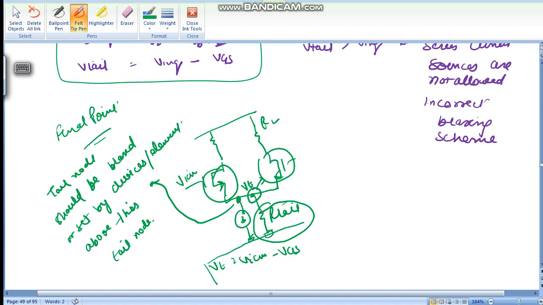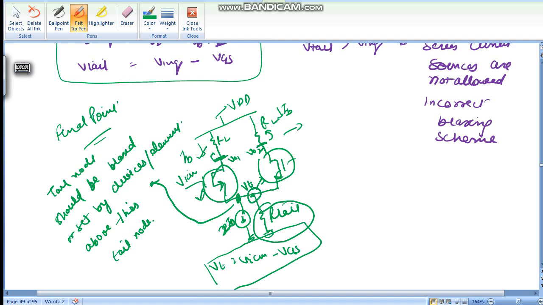So it is easy to bias the tail node if we set this node by the device above it. Similarly, the drain nodes of these devices, these output nodes VO1 and VO2, are set by the elements above these nodes, because this is 2 IB current, IB will flow from here, IB will flow from here.